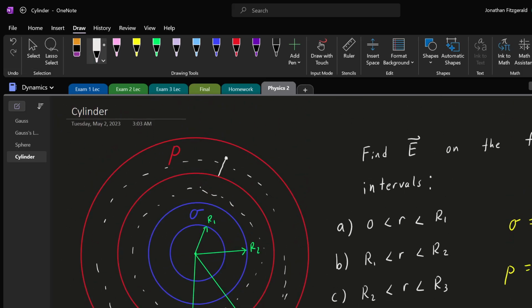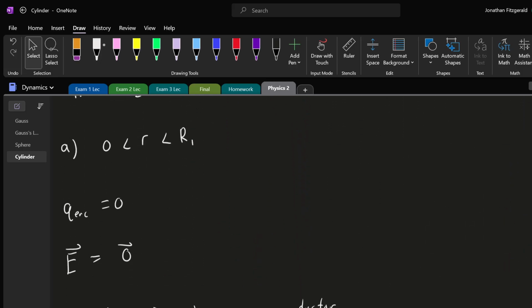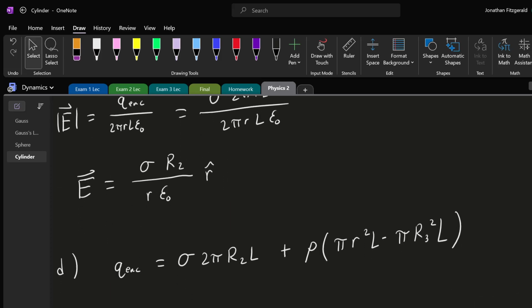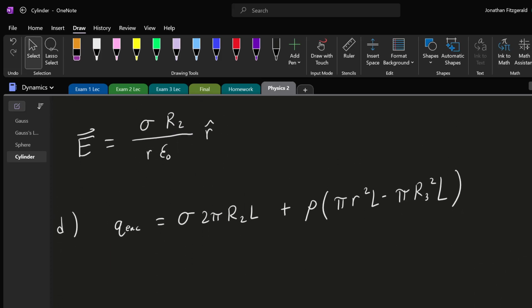The inner radius is R3. The outer radius is how far away we are, little r. Minus, it's always defined as R3. So pi little r squared minus pi R3 squared. This is supposed to have an L. Okay, now it makes sense. Pi r squared L.